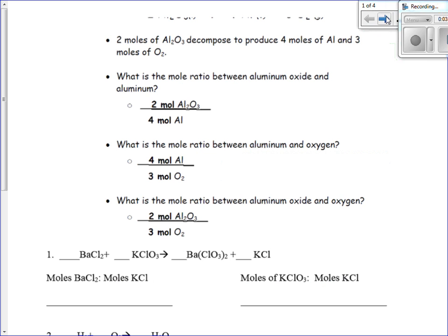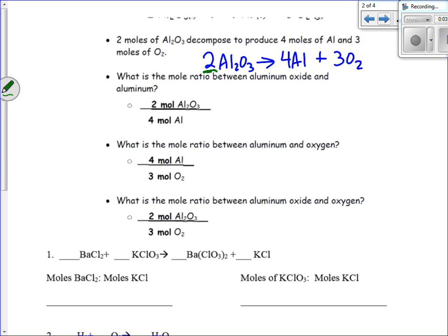So, on your page, it shows the decomposition of aluminum oxide. I'm going to write it here. We have 2 Al2O3 decomposing into 4 aluminum atoms plus 3 O2 molecules. Okay? So, we're looking specifically at our coefficients.